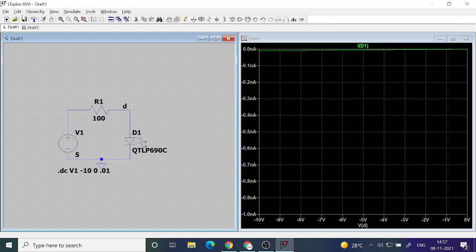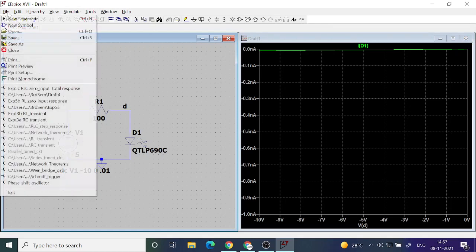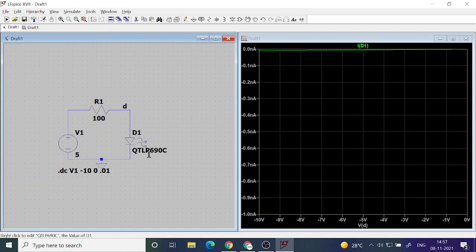Sir, I have one doubt regarding the abrupt change in current, sir, at the breakdown voltage, in the case of Zener diode. In case of LED, we don't have any abrupt change. The current is constantly increasing. For the forward direction, we don't say it is breakdown.